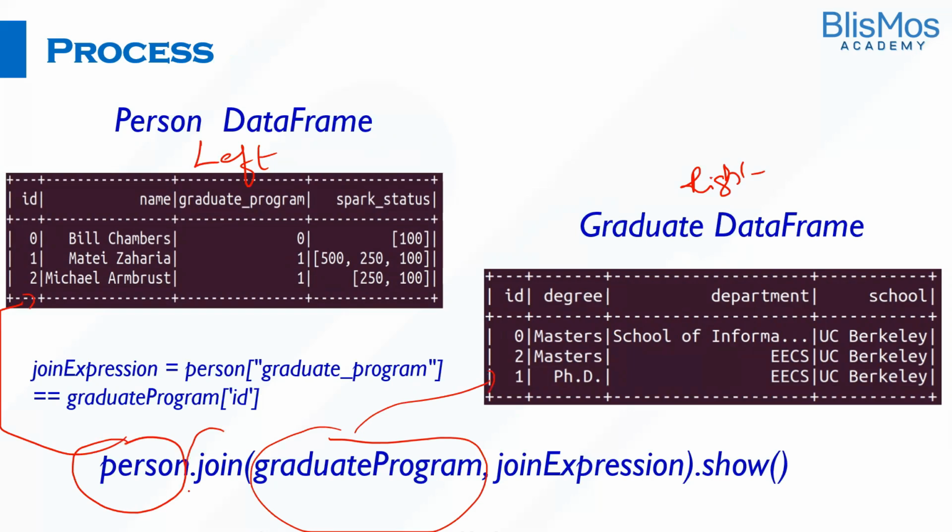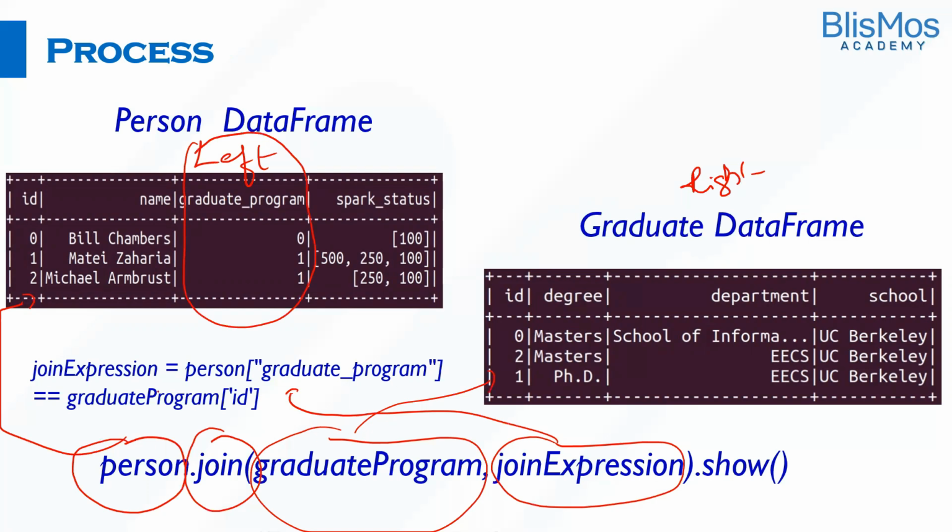You can see we are joining here. On what? On this join expression. The join expression is nothing but the person's graduate program column, this particular column, and the graduate program ID, this particular column. We are trying to see if a record in this data frame matches with a record in the graduate data frame.